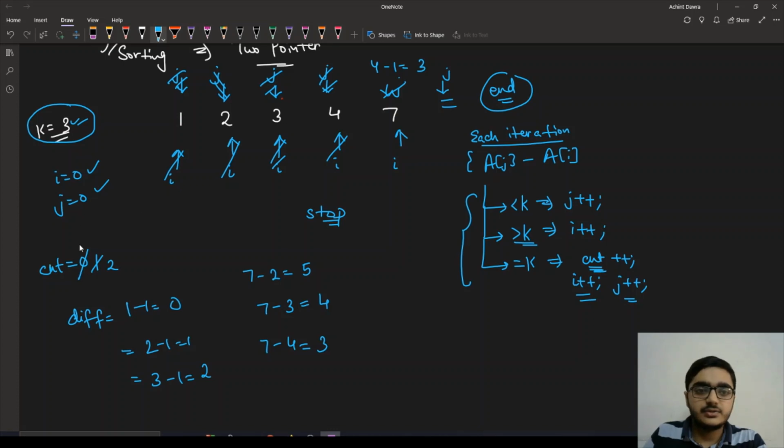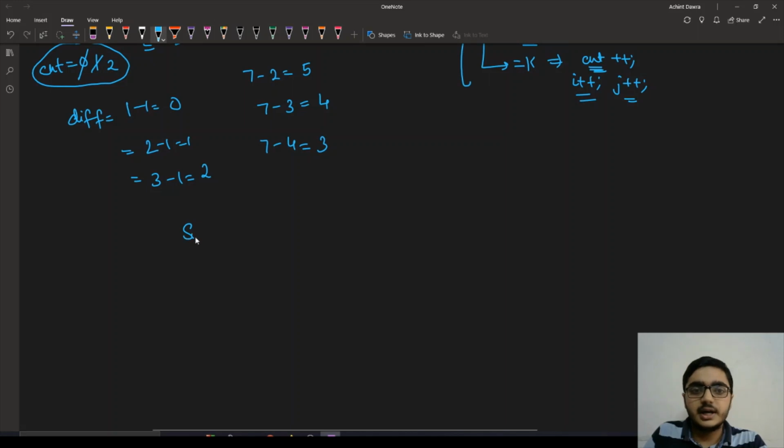The answer stored in our count variable is the number of pairs with difference equal to k. So this was the approach. We first sorted the array, and then applied the two pointer approach to find the number of pairs with difference k.